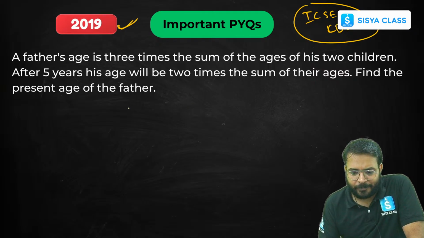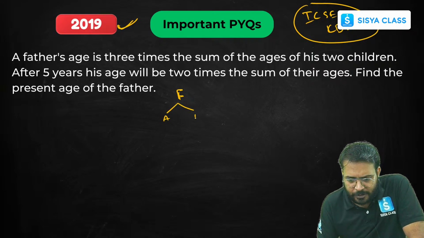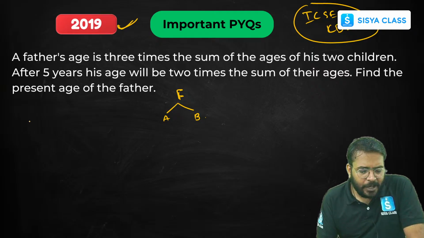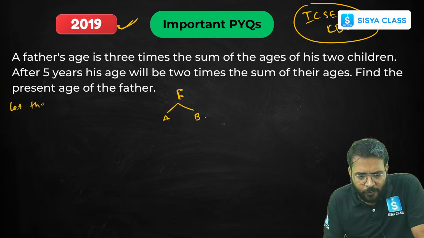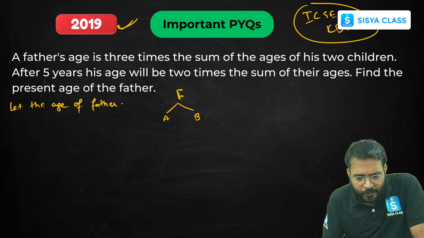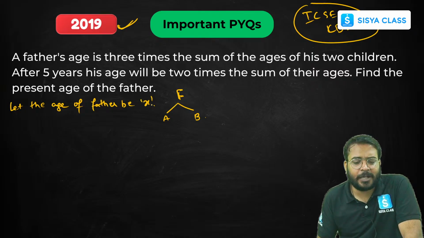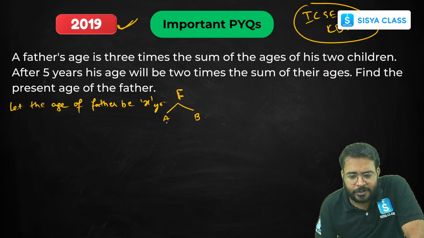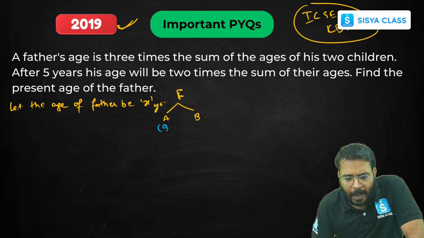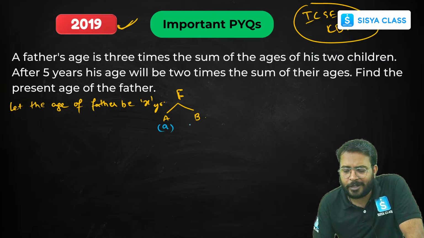So there is one father, and his two children are A and B. Let the age of the father be X years. I have assumed the age of the father is X years, and the age of his child A is small a, and the age of his second child B is small b.